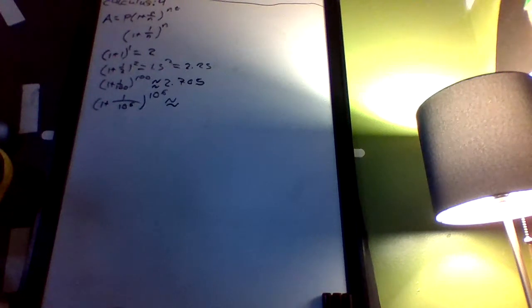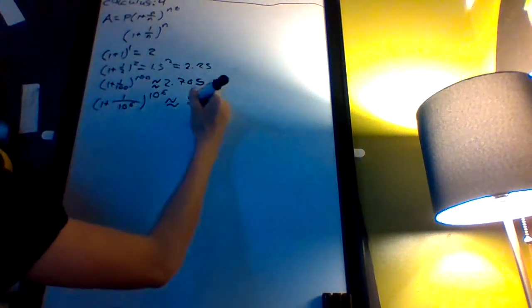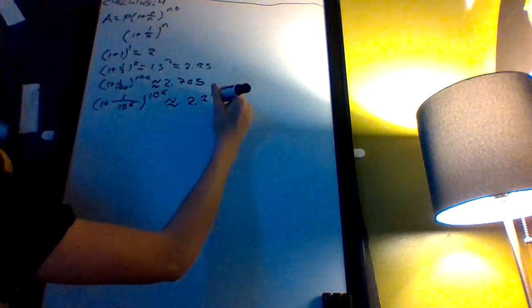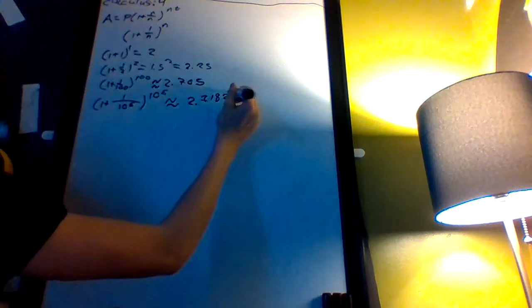We'll plug it into your calculator. I don't think I did mine right, so I'm gonna plug it in again. Well, you get the point. It's going to be somewhere like 2.71828. Okay?